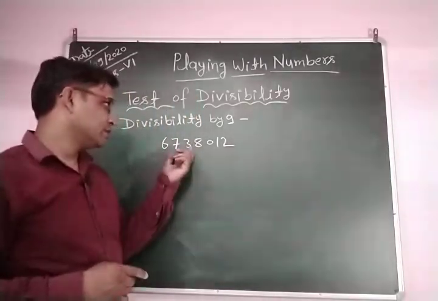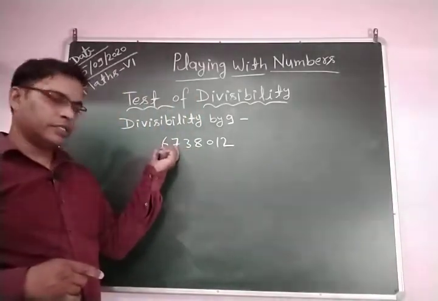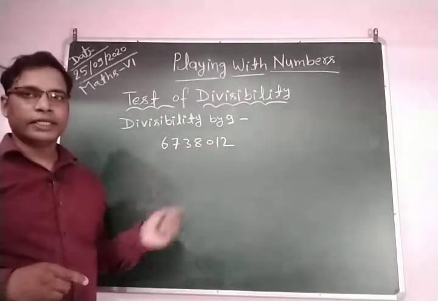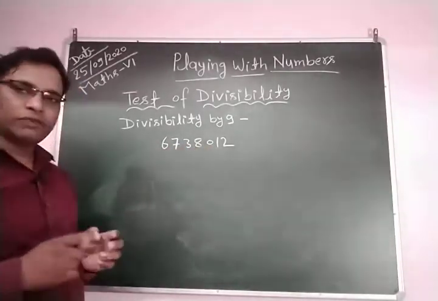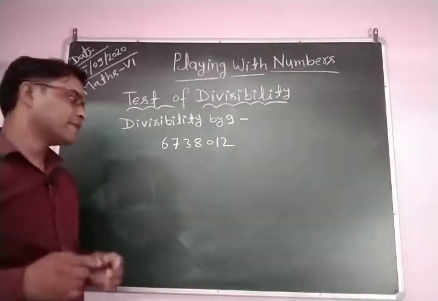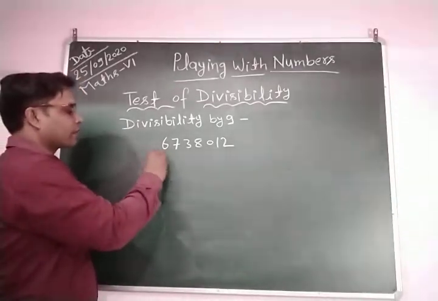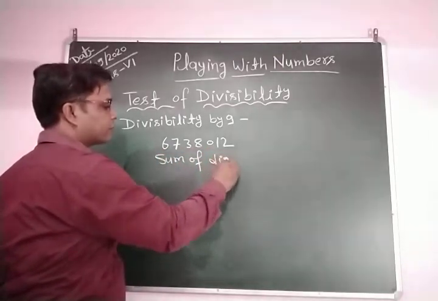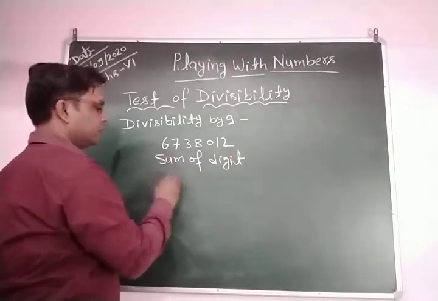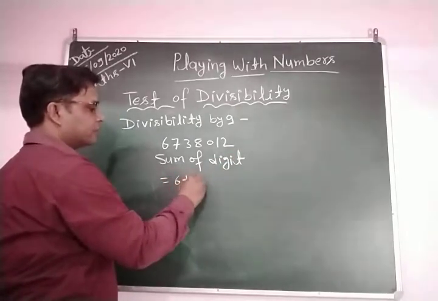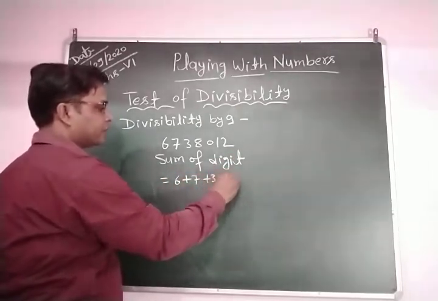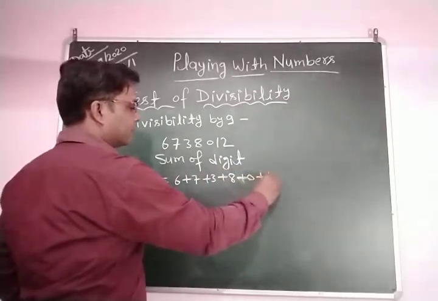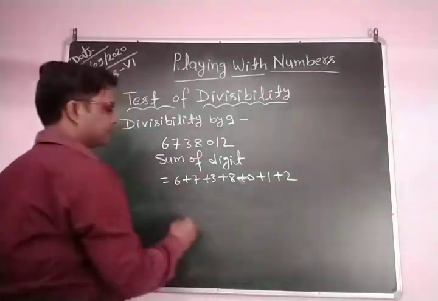So here this is the number: 67 lakh 38,012. Is this number divisible by 9 or not? First you find the sum of digits. So let's see: the sum of digits is equal to 6 plus 7 plus 3 plus 8 plus 0 plus 1 plus 2.